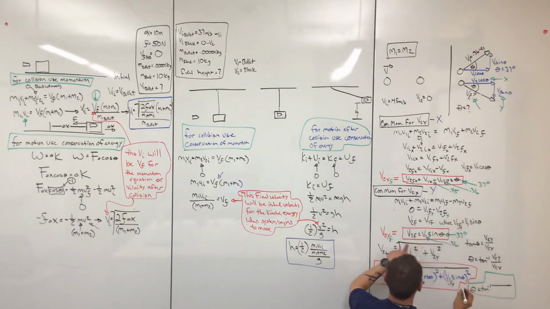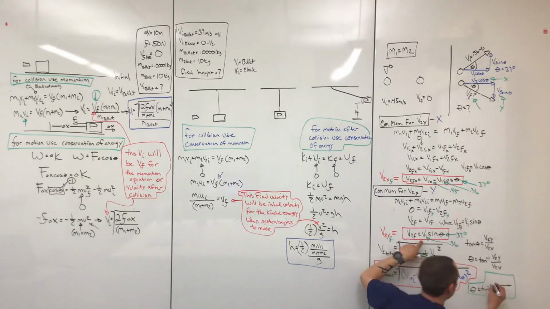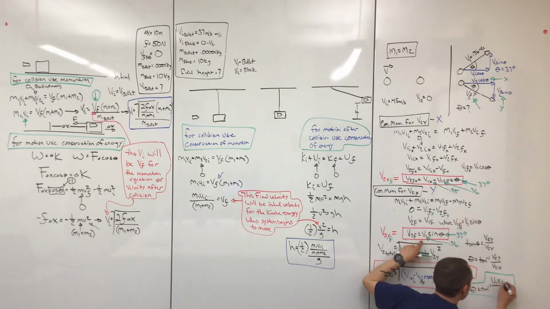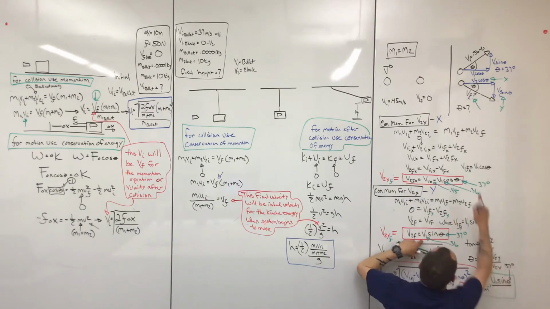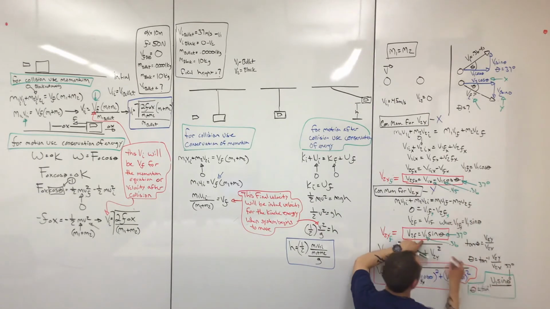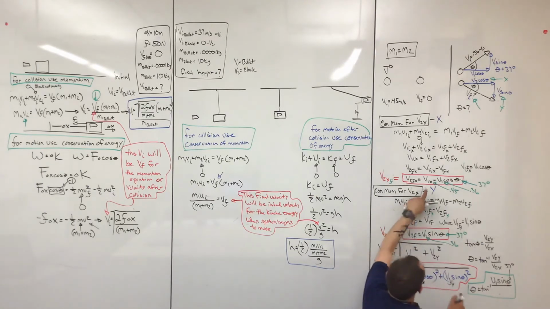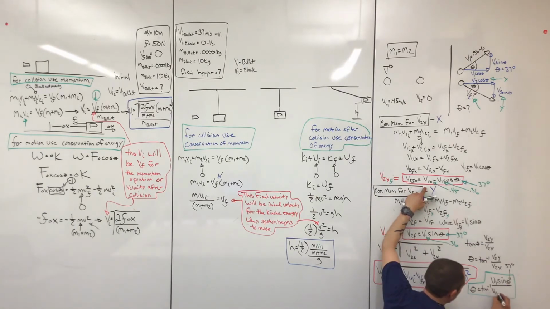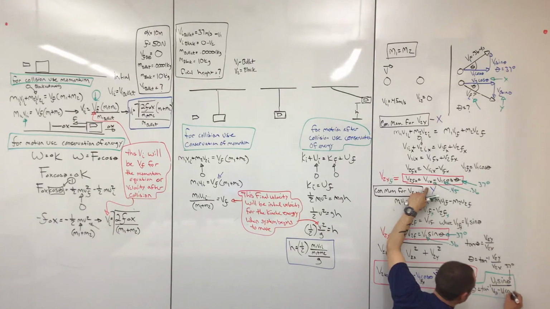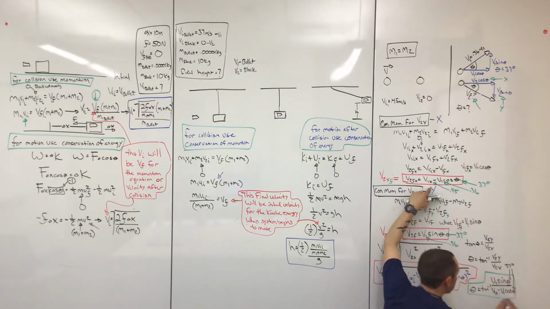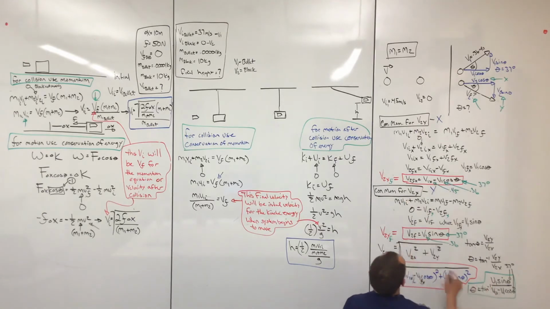We want to write that V1 sine theta, where theta is that 37 degrees from over there, and V1 is 0.36, so we know those numbers. And then the bottom is going to be this one, which is V1xi minus V1 cosine theta, where again theta is 37 degrees, and you know all those numbers.